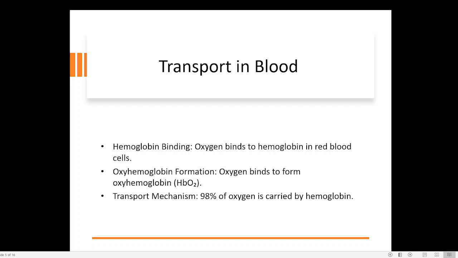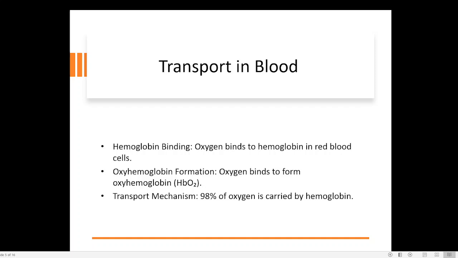Oxyhemoglobin is a combined molecule formed by the combination of oxygen and hemoglobin. Oxyhemoglobin is bright red, whereas normal hemoglobin without oxygen is purplish red. Oxyhemoglobin is deep bright red. That is how we can distinguish between oxyhemoglobin and hemoglobin by means of color.